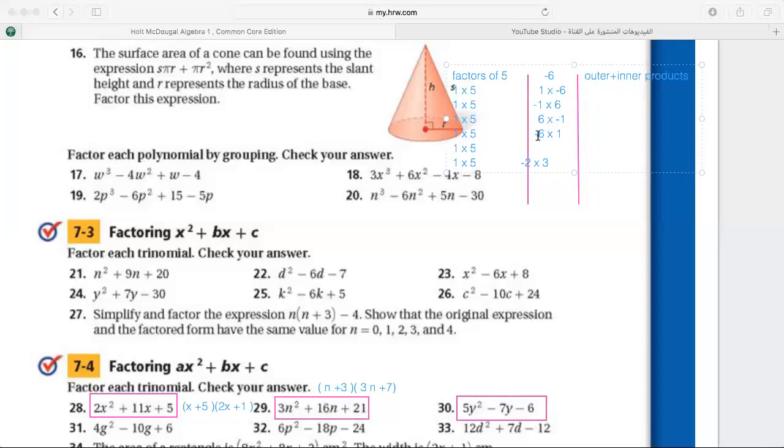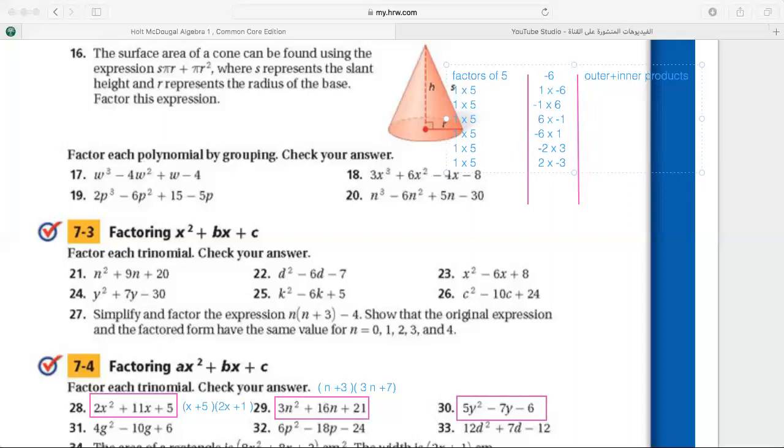I will change the signs to multiply by negative 3. Then I will start to try.